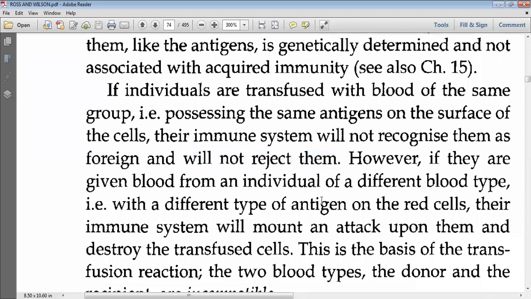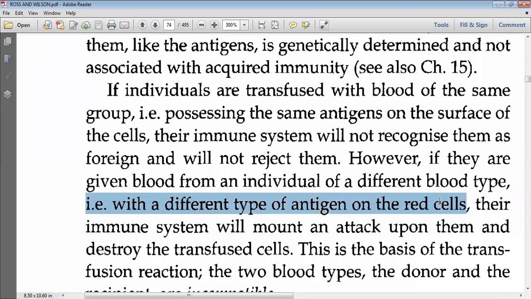So the blood group of the individual shall match with the donor's blood group, so that no transfusion reaction occurs.